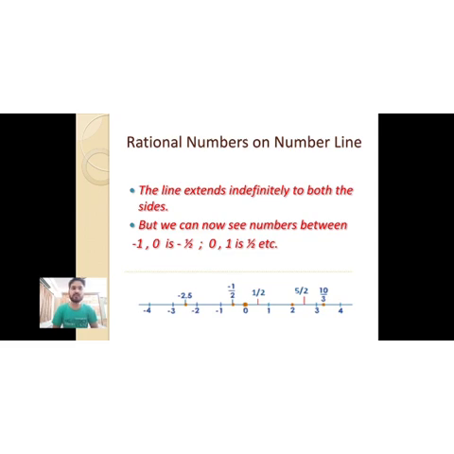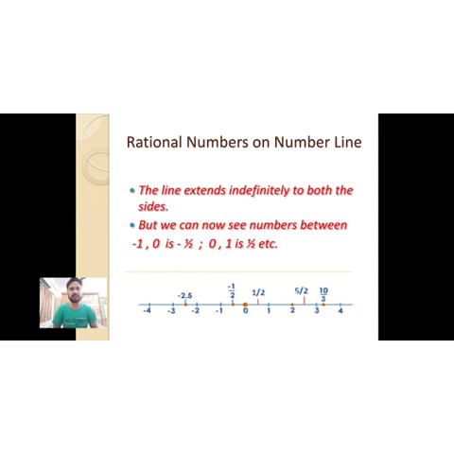From 0 to the right hand side we have 1, 2, 3, 4, 5 and so on, the positive values, and from 0 to the left hand side we have minus 1, minus 2, minus 3 and minus 4. You have to simply keep in mind that the right hand side is your right hand and the left hand side is your left hand.